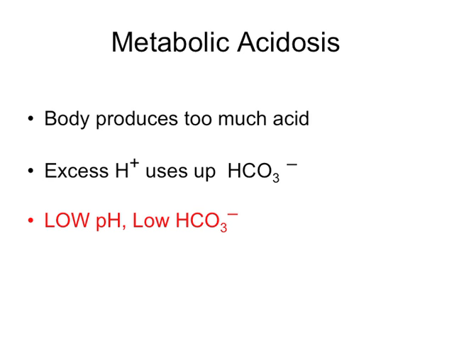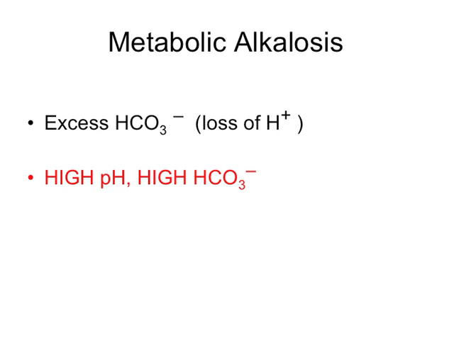We've only got one more to go, and here it is. Metabolic alkalosis. So, metabolic alkalosis is a condition in which there is excessive bicarbonate due to the excessive loss of acid.